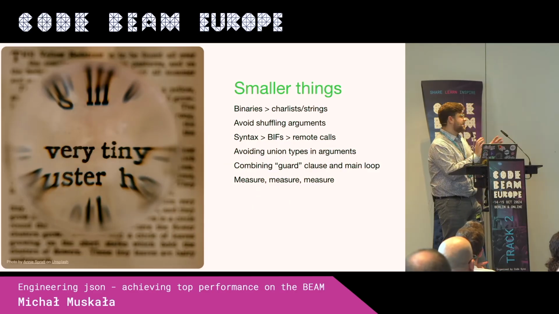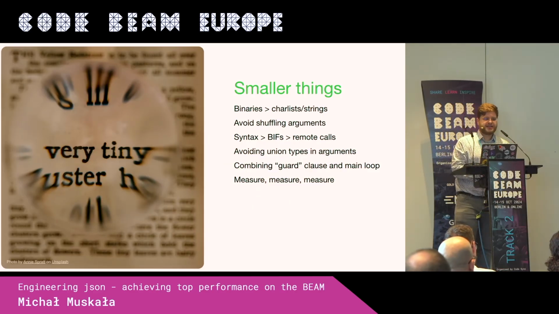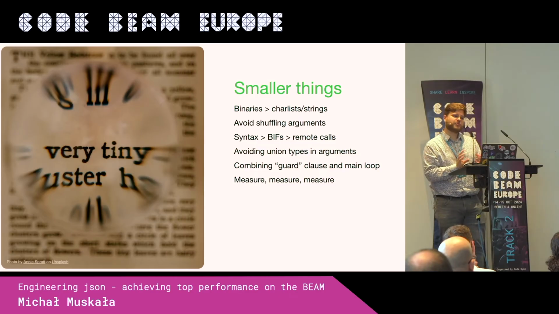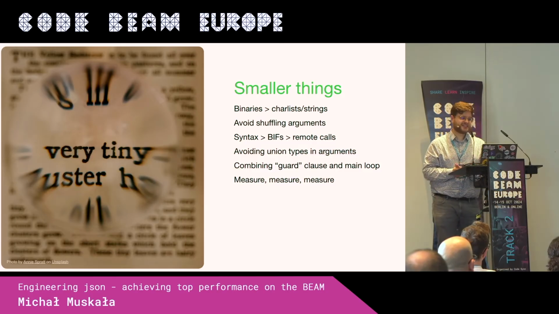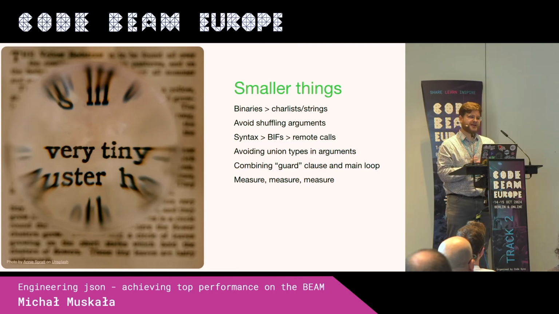And there are several smaller things that are also important for this, and I think by far the most important one is that binaries are just much faster than strings. Even if theoretically strings have better big O performance, computers are really fast at copying consecutive bytes and really slow at pointers.